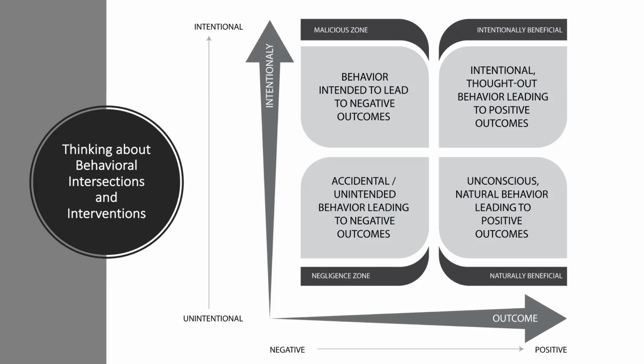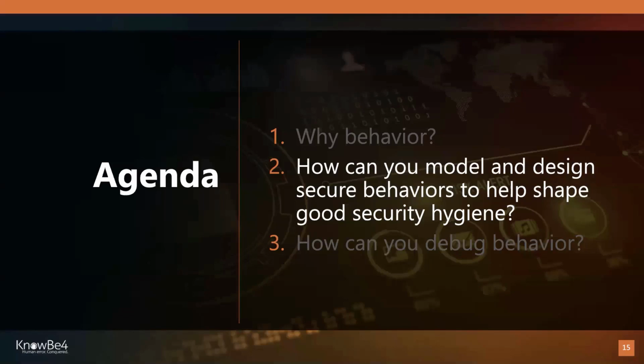Or you can have somebody with really just a lackadaisical attitude, and their accidental behavior leads to negative outcomes. So we always have a spectrum of this idea of how motivated somebody is to do the thing that we want them to do and what the outcomes are. But they do move across all of these different areas.